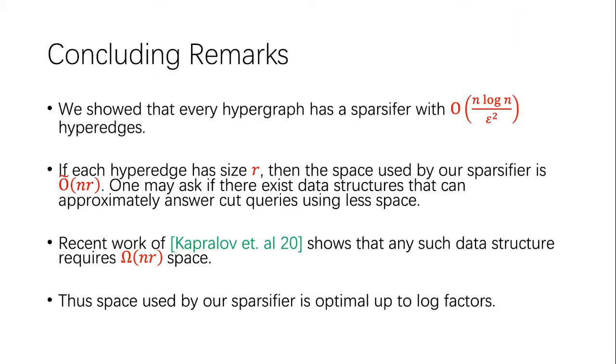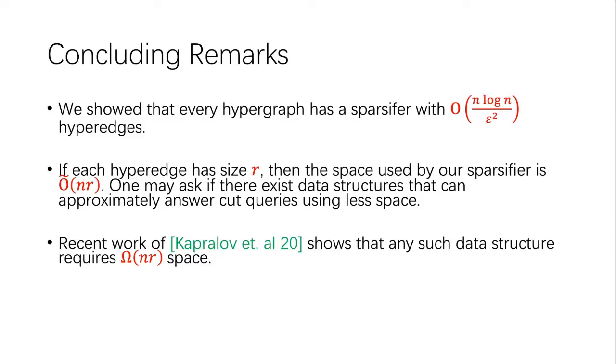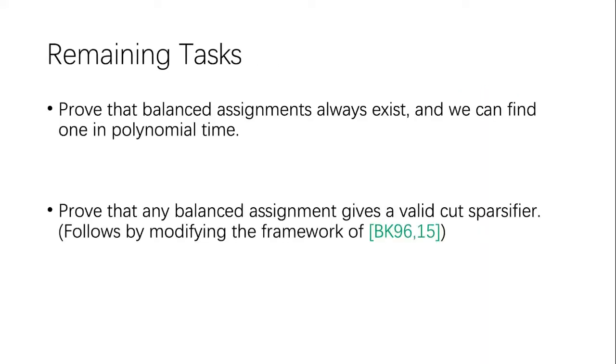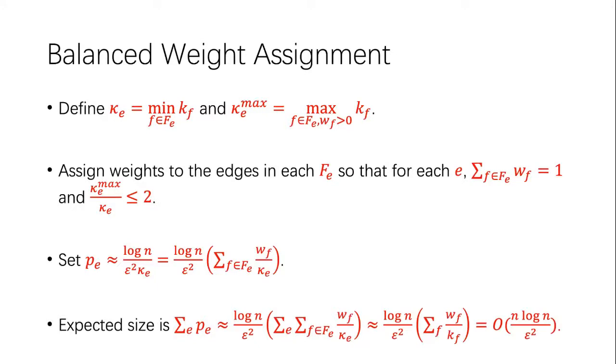Yeah, I have a question. So how important is the 2 in your definition of balanced assignment? Can it be any constant and you're still okay? And is 2 the smallest constant for which there is a balanced assignment? Oh, actually, we proved that there exists a balanced weight assignment even if it is 1, which means kappa e max equals kappa e.